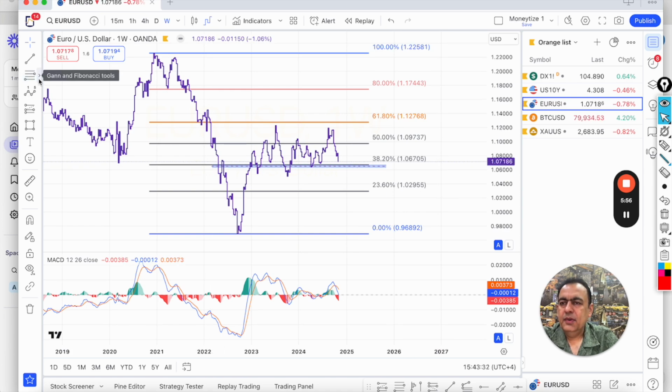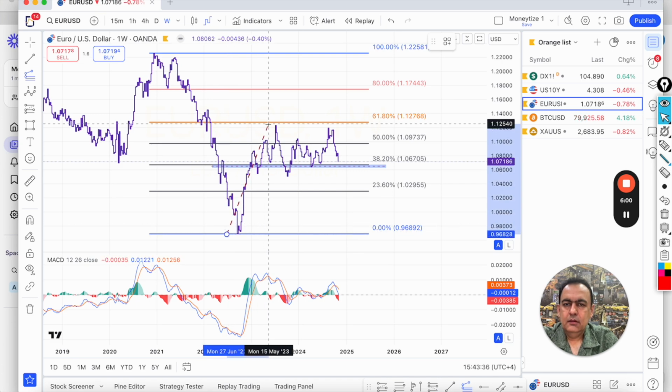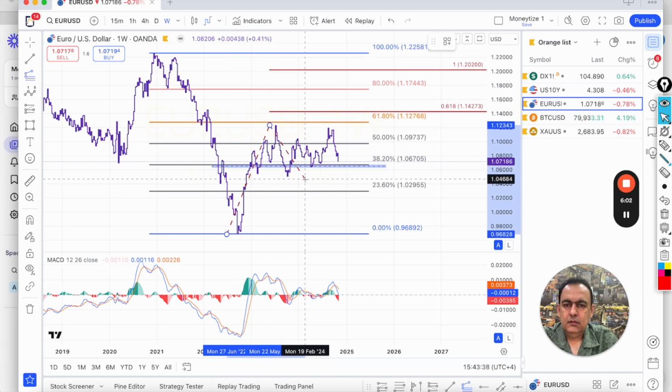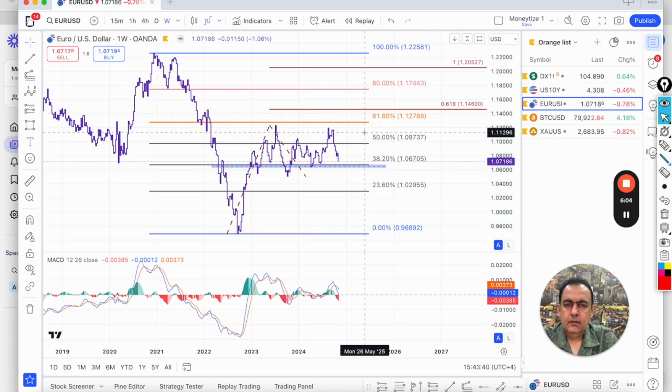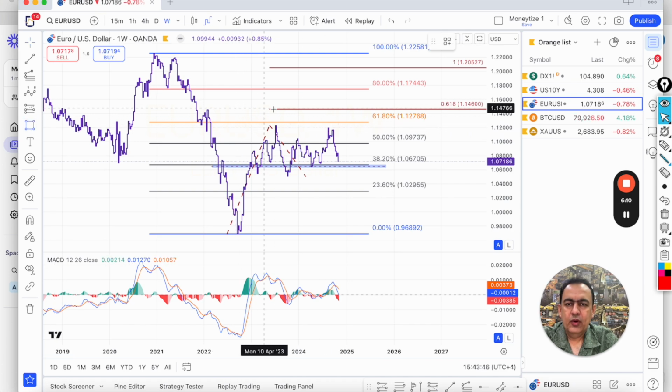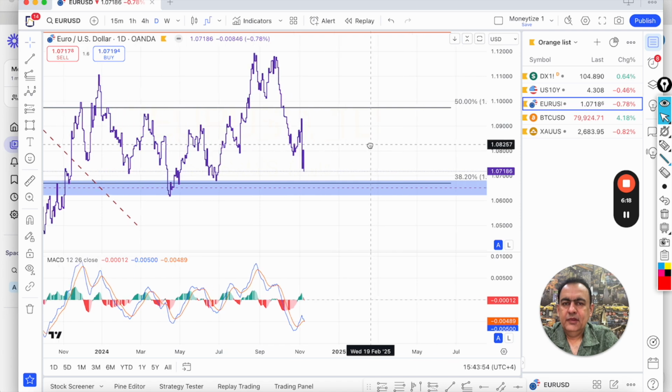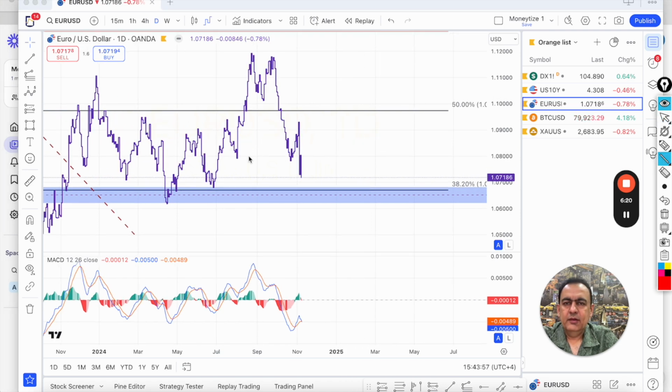I'm also going to apply fib extension on the bullish rally here. So if the bullish rally continues, then it should go to 1.1460, Fib extension 61.8.